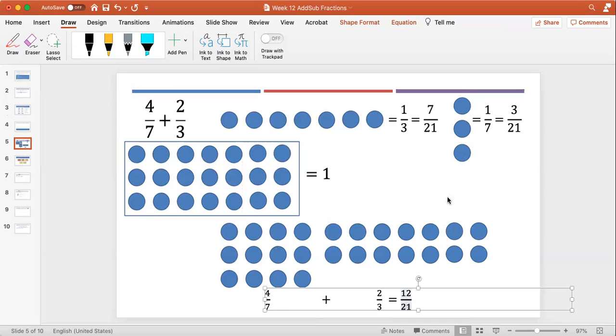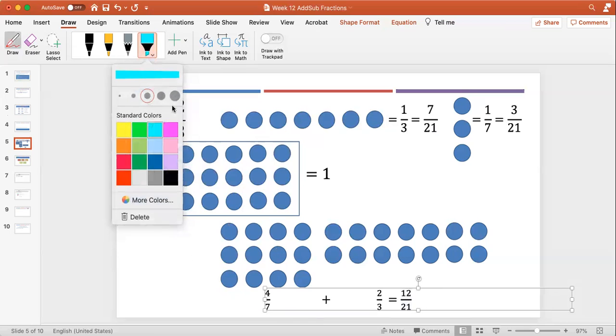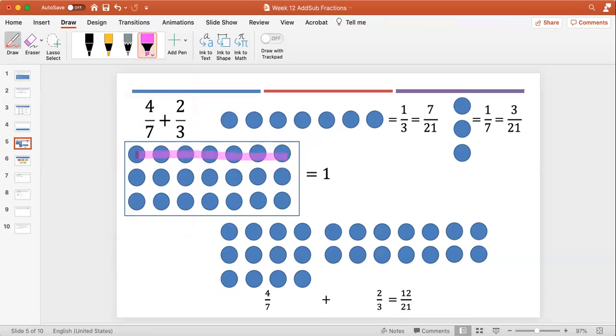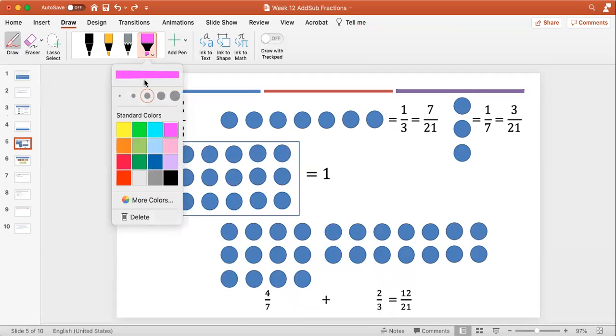And again, connect it back to that procedure: 4 times 3 is 12, 7 times 3 is 21. And you could see that when we first took that one row of 7 and then we multiplied it 3 times. This is where these concepts come from, or this is how we can show them.